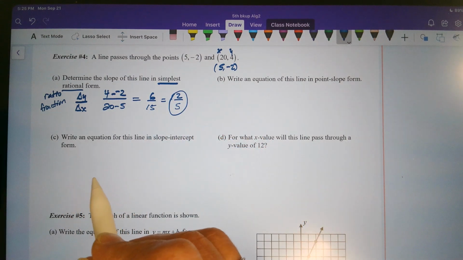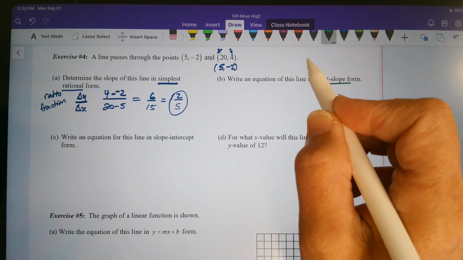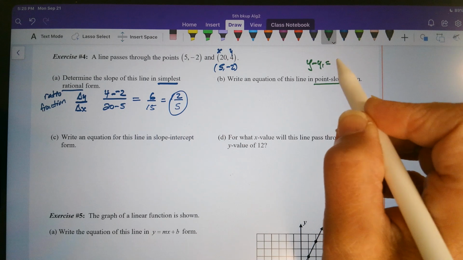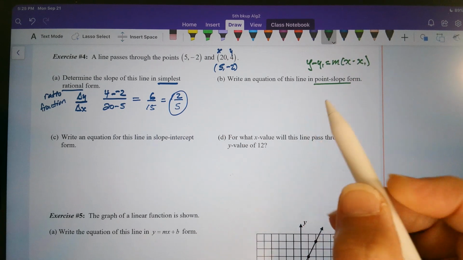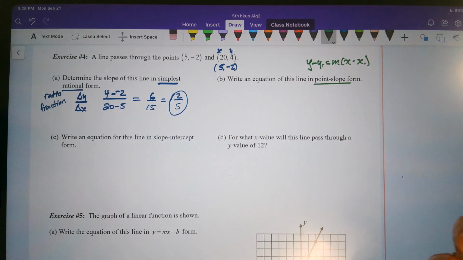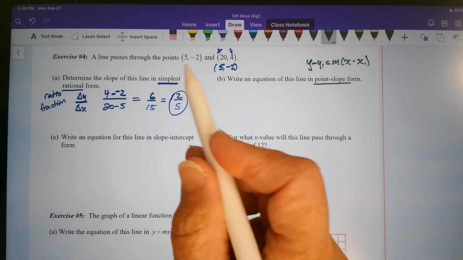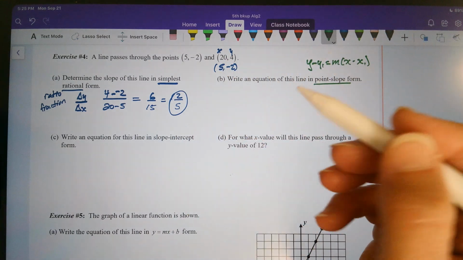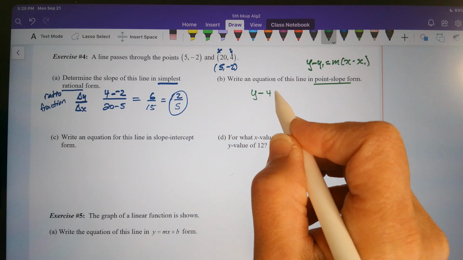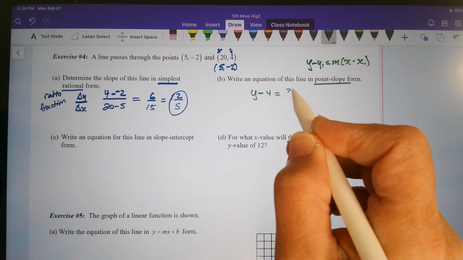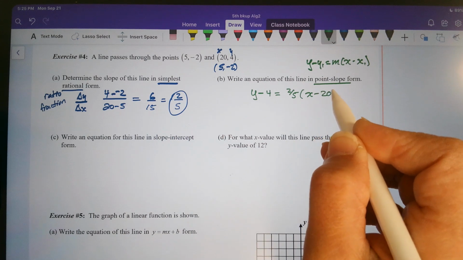Write an equation of this line in point-slope form. So if we want point-slope form, y minus y sub 1 equals m times x minus x sub 1. You can choose either point, it doesn't matter. I'll go with the 20, 4. So we have y minus 4 equals, our slope is 2/5, times x minus 20.